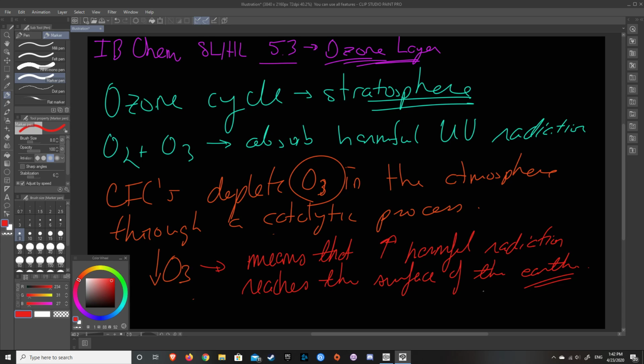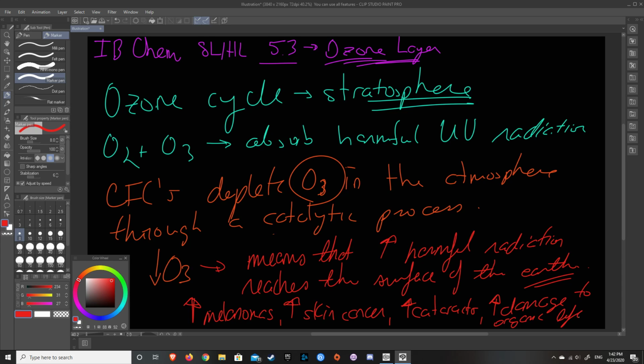So what we see then is increased melanomas, increased skin cancer, increased cataracts, and increased, we'll just say, damage to organic life. So not even trees are free of getting damaged from UV radiation.